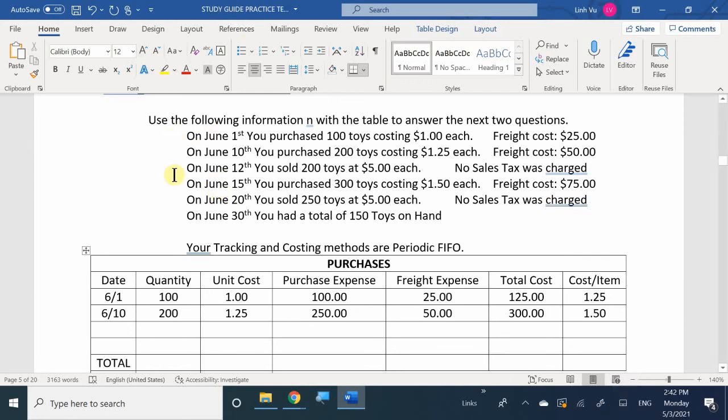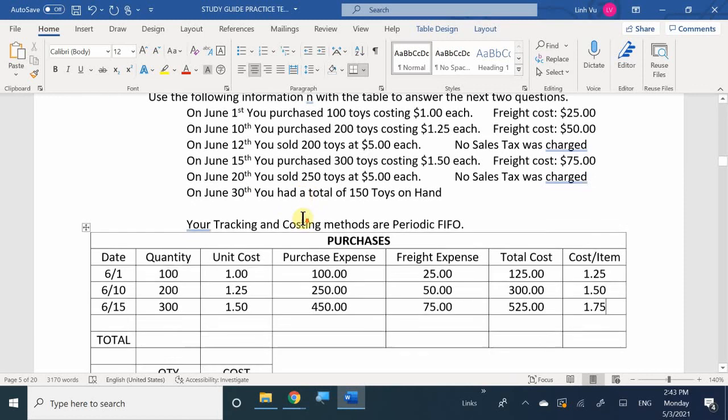So then we could skip June 12th and jump right to June 15th. So what happened on June 15th? You bought the 300 toys for $1.50 each, freight 75. Okay. And last but not least, we have 150 items.